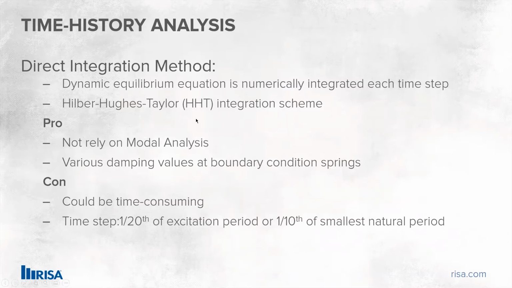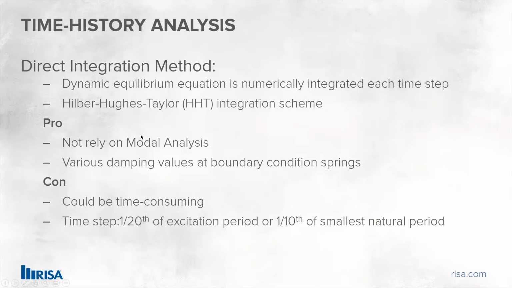And we are using the HHT, the Hilber, Hughes, and Taylor integration scheme. This scheme is a more updated method compared to the classic Newmark method. It has been proved to be relatively stable and very accurate in solving time history analysis. And it has its pros and cons.